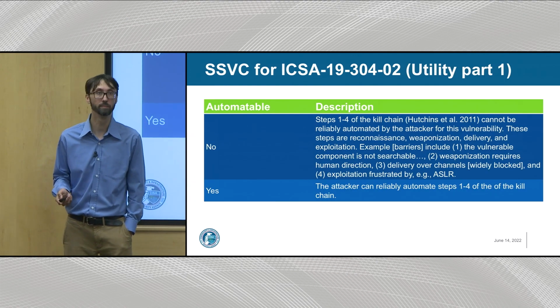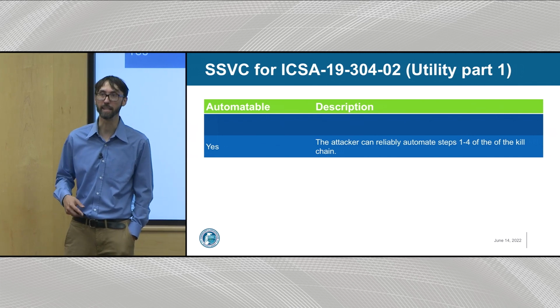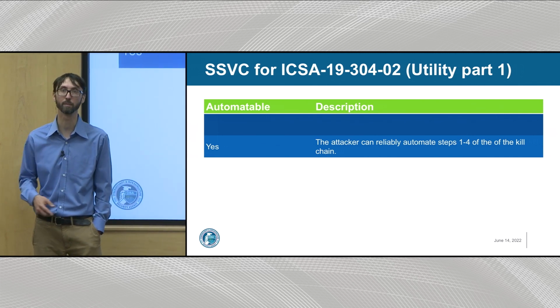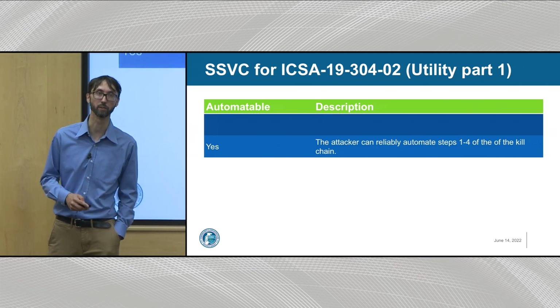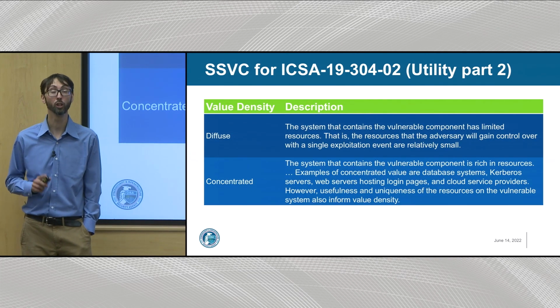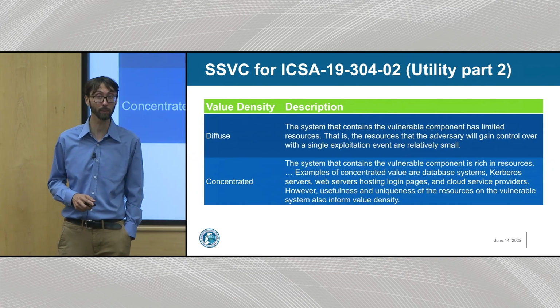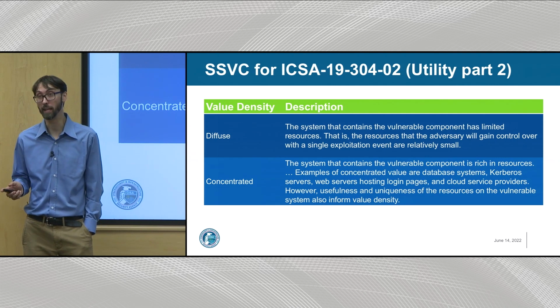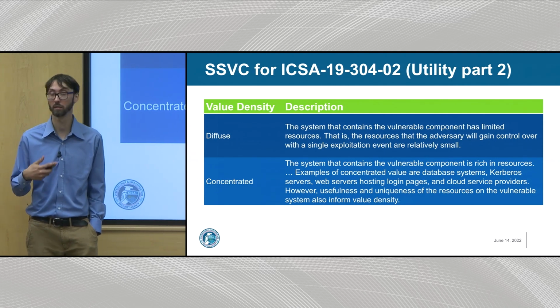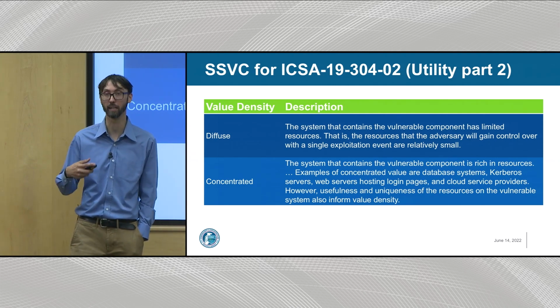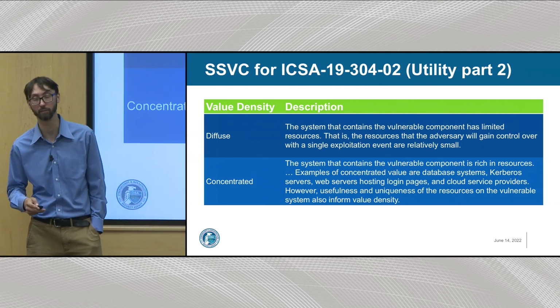Is it automatable? Yeah. Send an HTTP packet. These cameras are connected to the internet. There's nothing to really stop that from happening. Do we really care about cameras? Are they a rich resource with a lot of information and control and important company information on them?